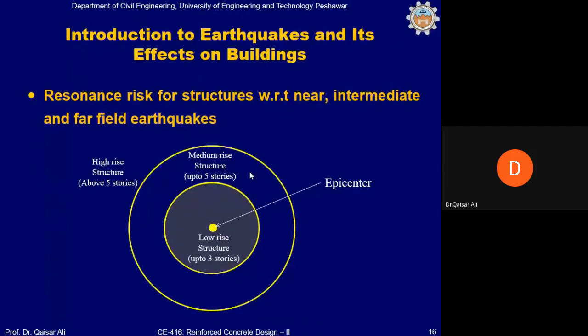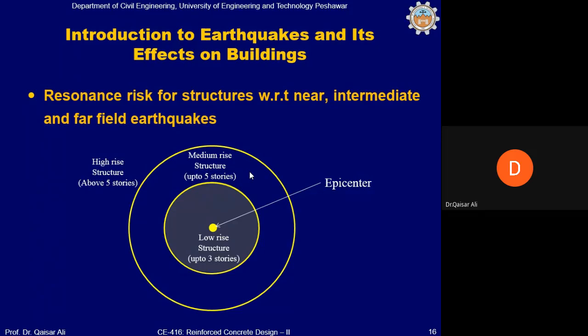Now, coming to the medium-rise structures, the same concept is applicable. Up to 5-story structures, the time period will be 0.4, 0.5, or 0.6. Within this intermediate field region, the earthquake time period also varies from 0.3 to 1 second.